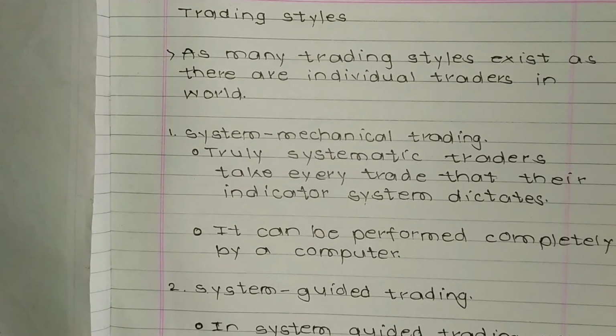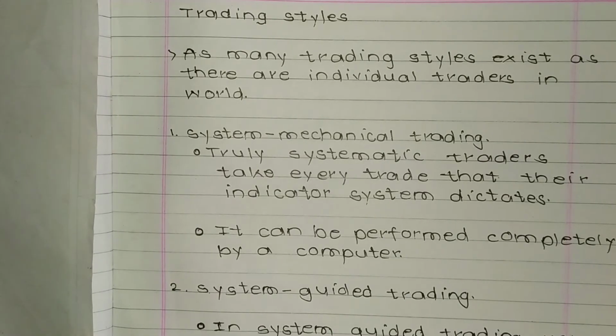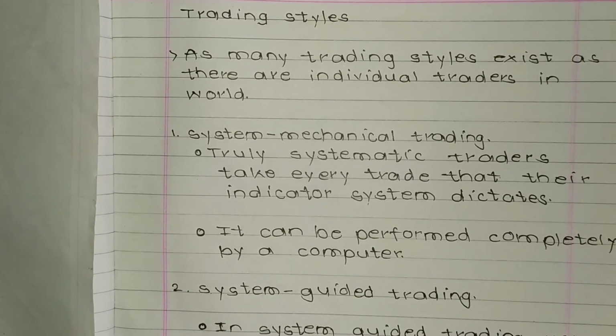System mechanical trading basically only contains some rules. That is, if the stock is above the moving average, then we will buy. If it is below the moving average, then we will sell that stock. So this is a totally mechanically based system which can be performed only by a computer. We don't have to interfere with it after applying.